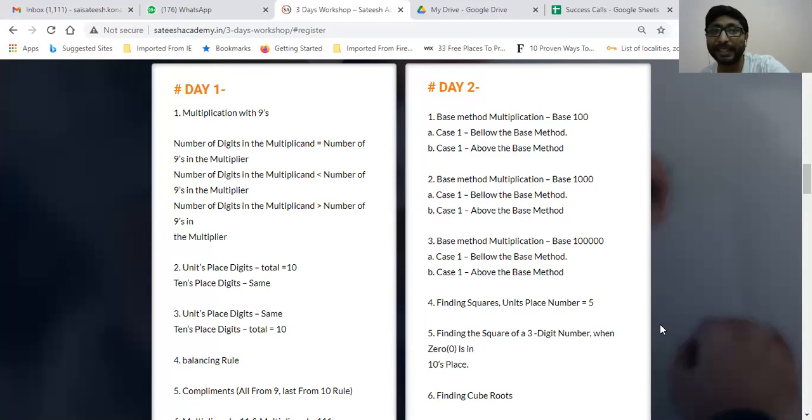So basically, what is the base method? First of all, what is a base? A number ending with 0 is called a base.